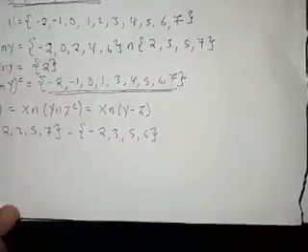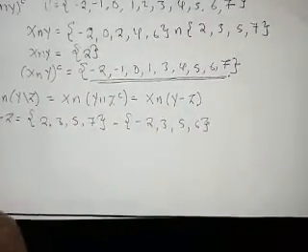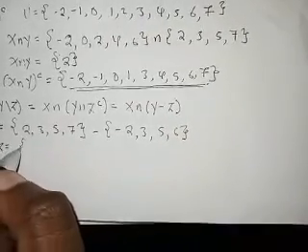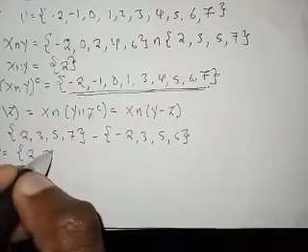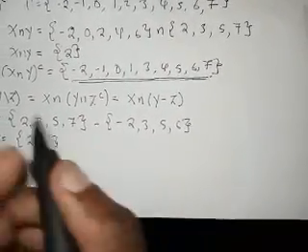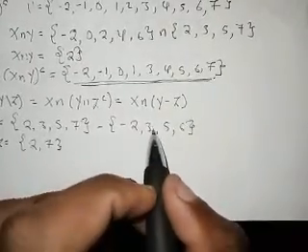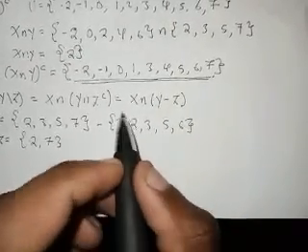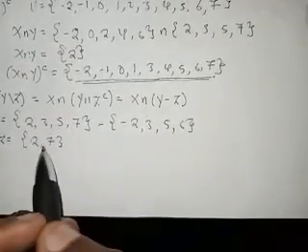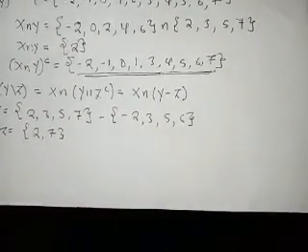We have 3 and 5 in both, so we remove from y all the elements found in z, which is only 3 and 5, and what remains is 2 and 7.